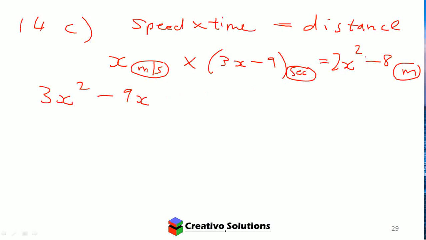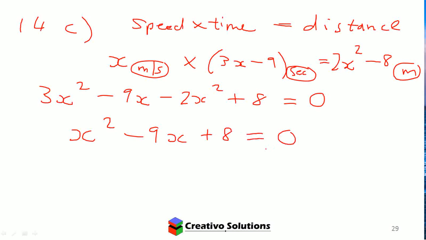I'm going to take everything to this side, so minus 2x squared plus 8 equals 0, because it's speed times time equals distance. Great, so now 3x squared minus 2x squared gives you x squared minus 9x plus 8 equals 0.